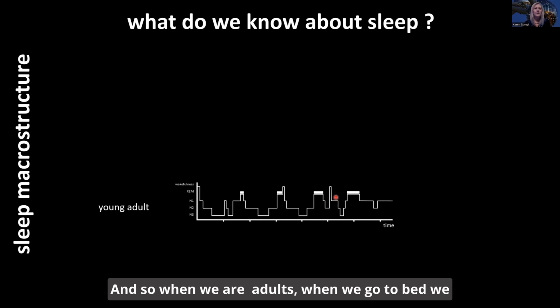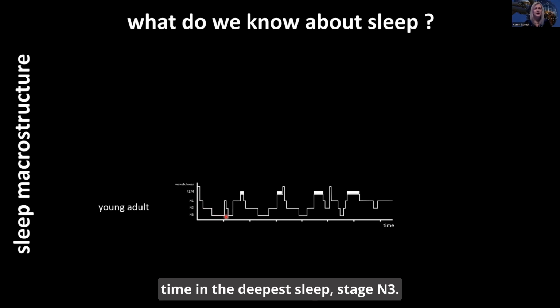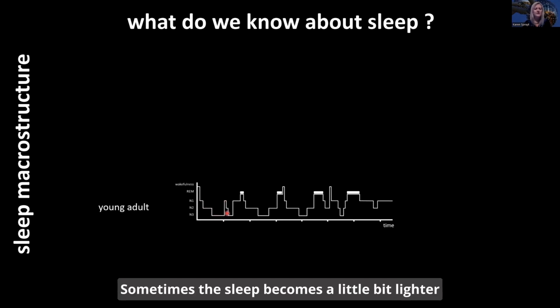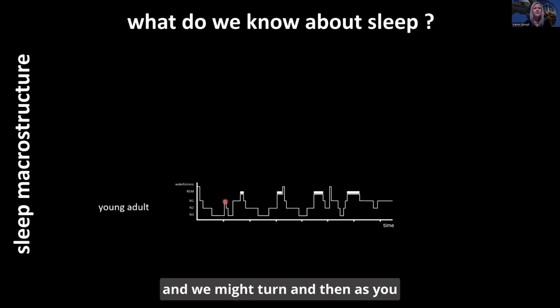As adults, when we go to bed and fall asleep, we spend some time in stage N1, then we go to a slightly deeper sleep, which is stage N2, and then we spend some time in the deepest sleep, stage N3. Sometimes the sleep becomes a little bit lighter, and we might turn, and then, as you can see, our first REM sleep starts.